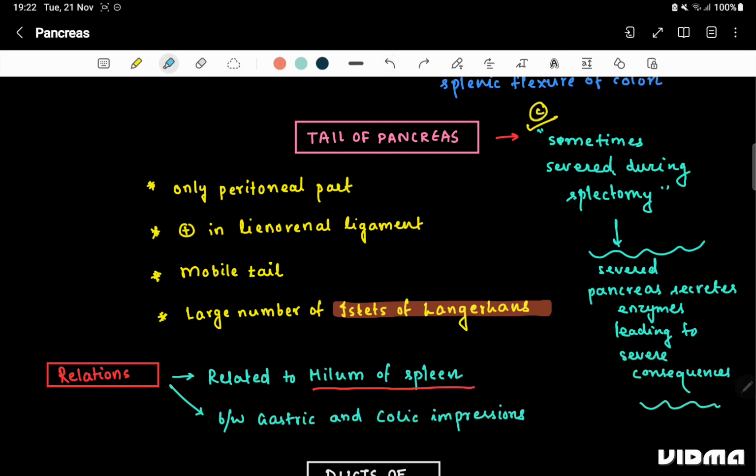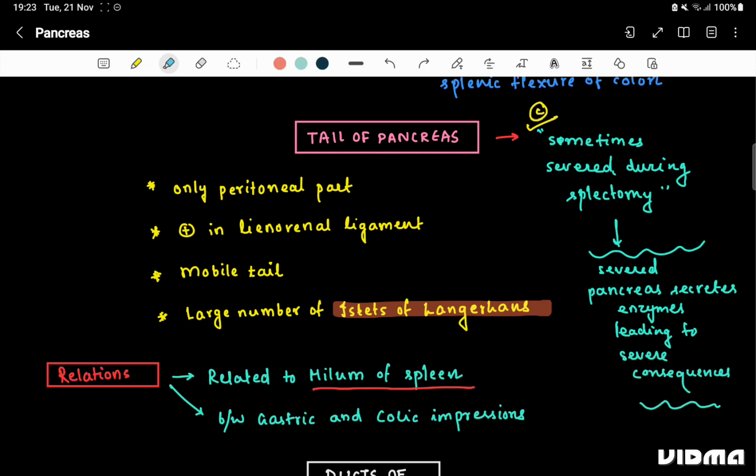If it is more severe, it can cause hyper release of the hormones, that is insulin, glucagon and so on. You can suffer from insulinoma or excess glucagon secretion, depending on which cells, which islets of Langerhans, are affected.